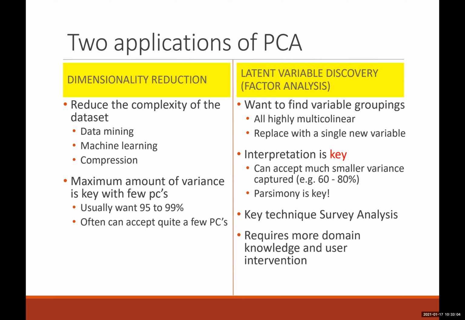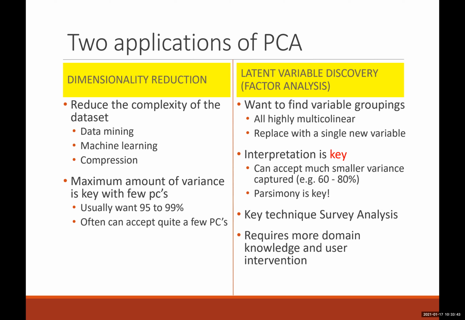In addition, as we'll see in an example in a few more slides, we can accept a larger number of principal components because we're only going for the purpose of reducing features. This can be done for data mining, computer vision, image compression, audio compression, and also for pre-processing for machine learning. So that is more of, just reduce and then move on.